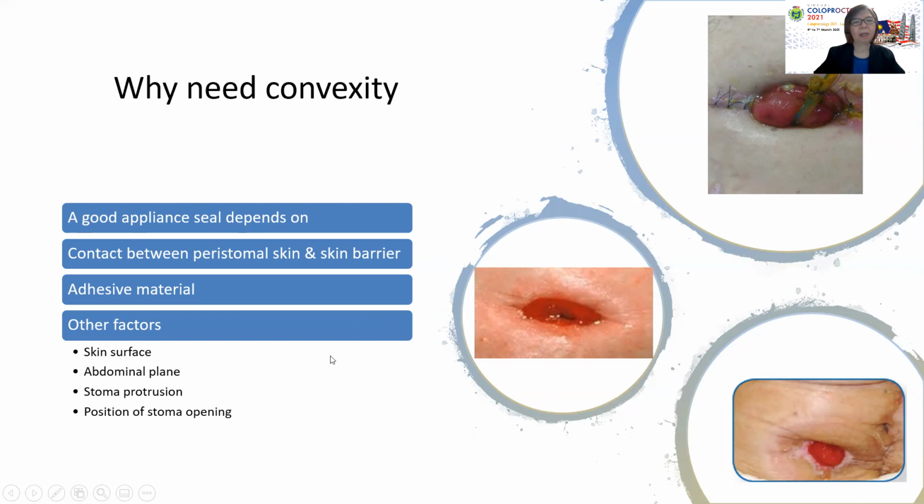Of course, another very important area will be the stoma protrusion. We will have to look at how long the stoma is. Of course, again, it depends on the type of stoma.